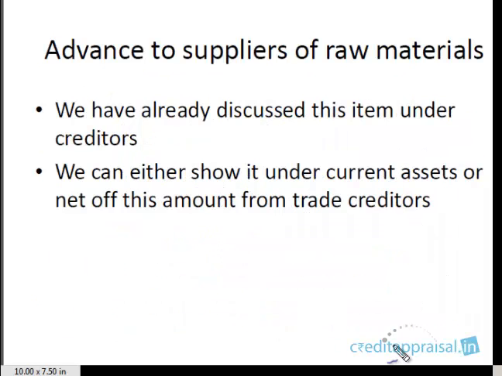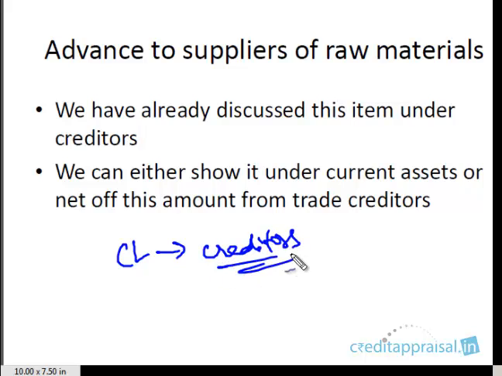Then we can move on to another item of the current assets, that is advance to suppliers of raw materials. This is something related to what we discussed under current liabilities. There we had an item called creditors. So what is creditors? Creditors is where the raw material supplier has given us some credit period. They say you take the material but you need not pay right now.